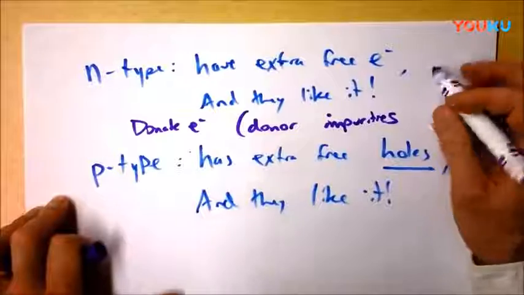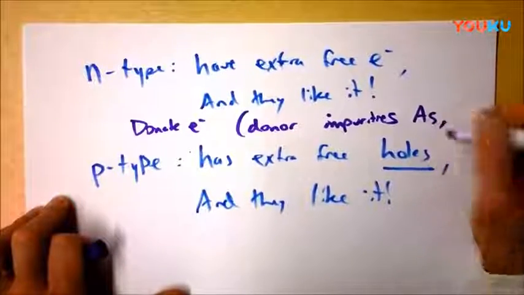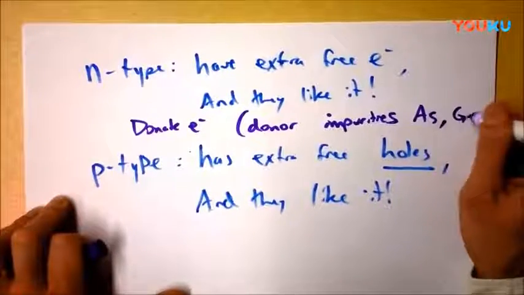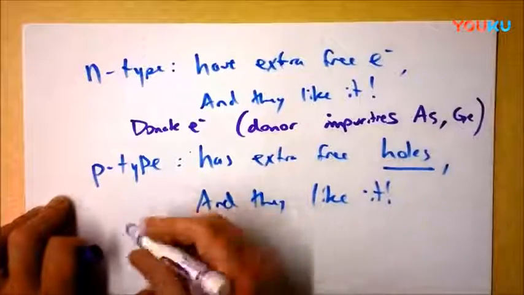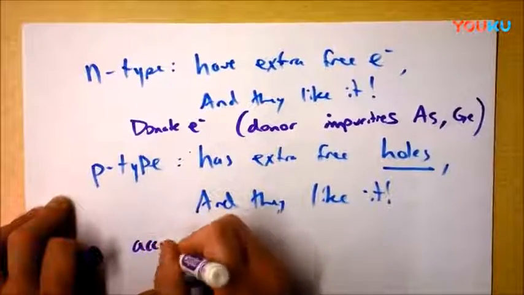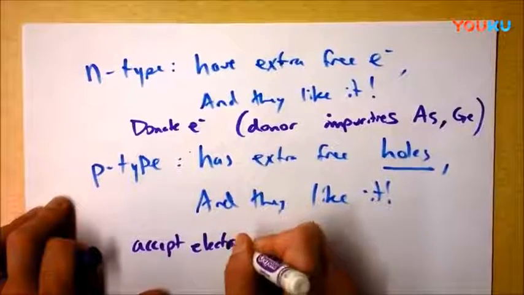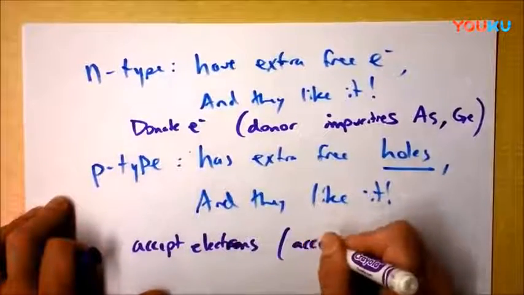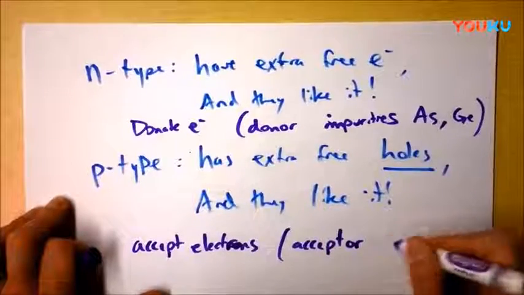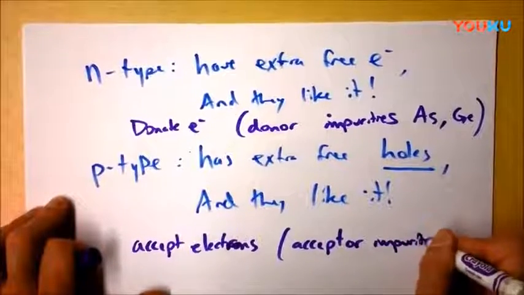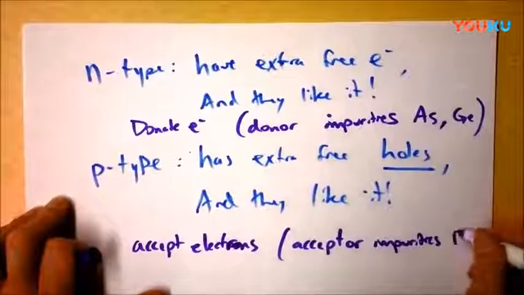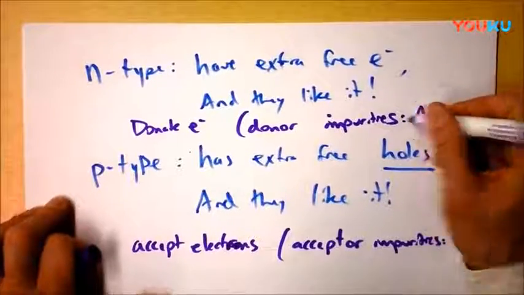And we're talking about, for instance, arsenic and germanium. And then you've got these guys that accept electrons, and they're acceptor impurities. That's my ray gun turning off. So, for instance, boron for that.